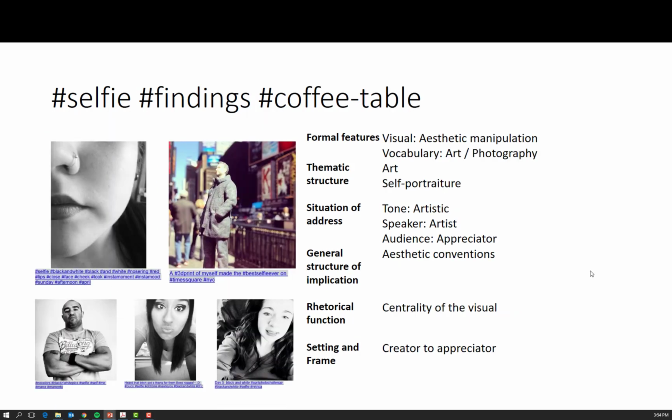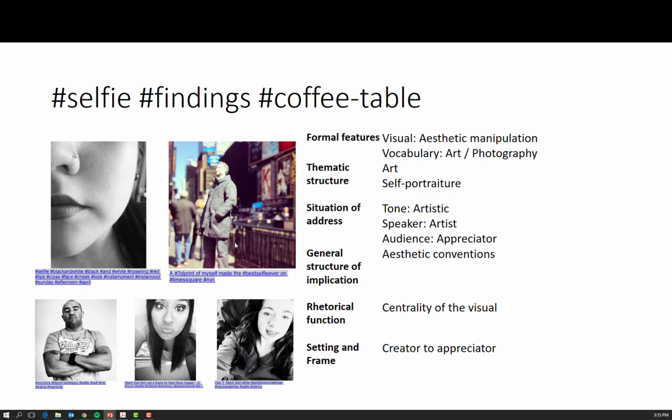And the final type of selfie was what we call a coffee table book. These were selfies that were done basically as sort of playing on the artistic elements of photography and of selfie as an art form. So my particular favorite is this one here of what appears to be a man in a street. But what's particularly why I like this one so much is this is a 3D printout of this man.